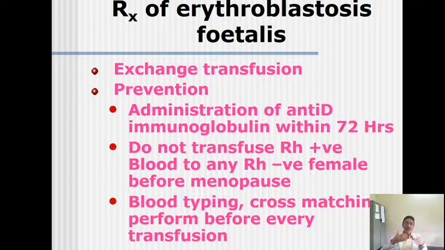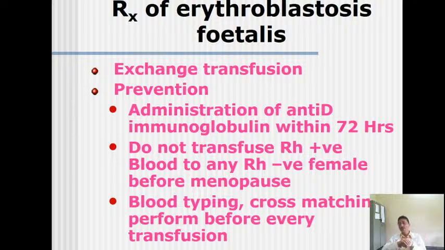So when you go on giving repeated exchange transfusions, 20 to 30 ml at a time, about 5, 10, 15 times in a couple of days, you will be draining out the antibodies which are present, which have come from the mother's circulation. So the antibody titer or the antibody concentration will come down, and you will be removing those antibodies from the body of the newborn. So that is exchange transfusion.